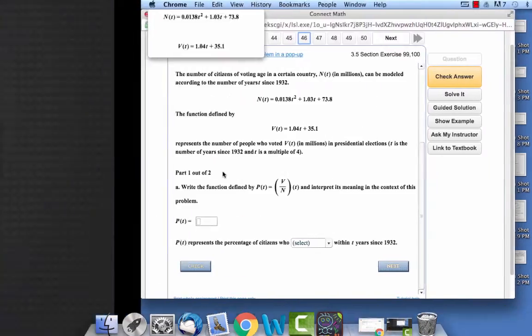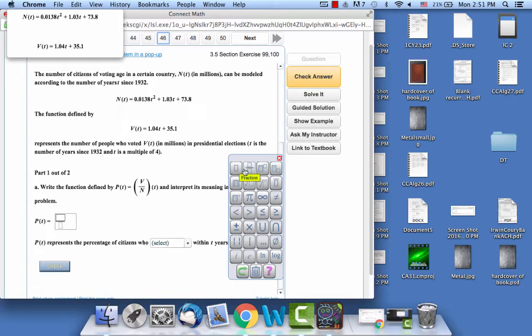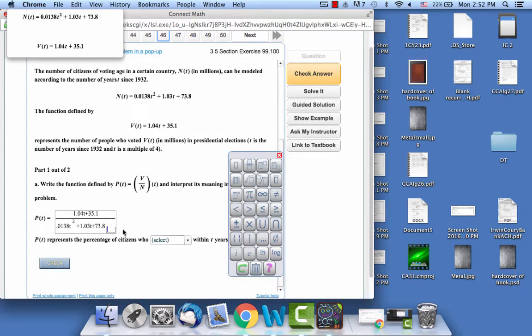Okay, so P of t equals. Don't know how to make that subscript go away.